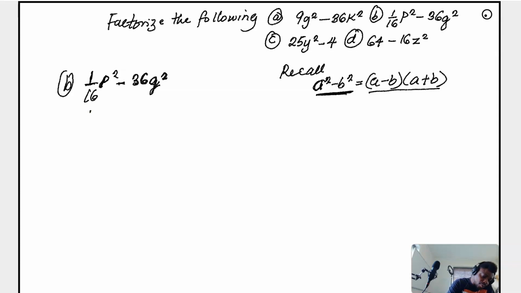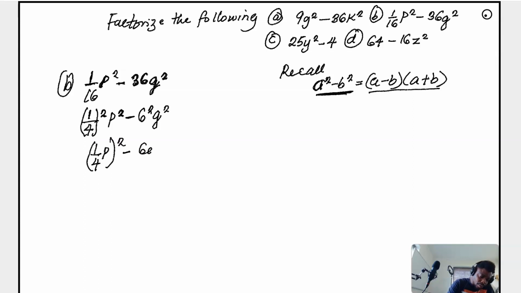Remember, this will be 1 over 4 all squared. 1 over 4 times 1 over 4 is 1 over 16. So that is why. And 36 is the same thing as 6 squared. So since both have the same power, I can say 1 over 4 p all squared.